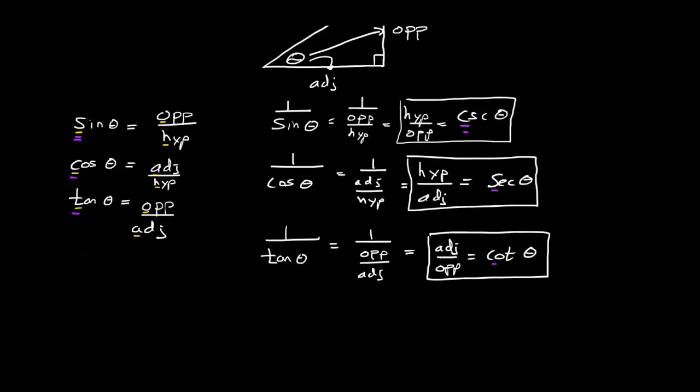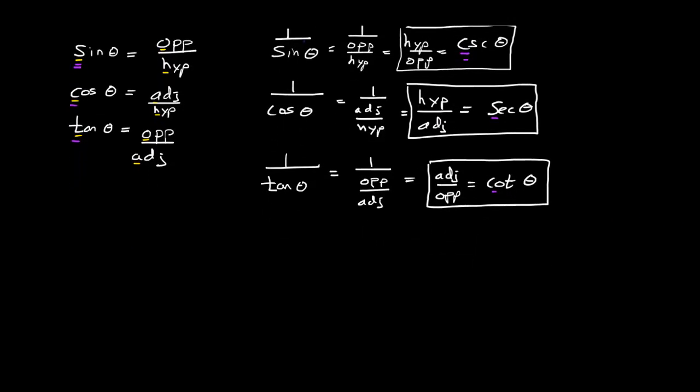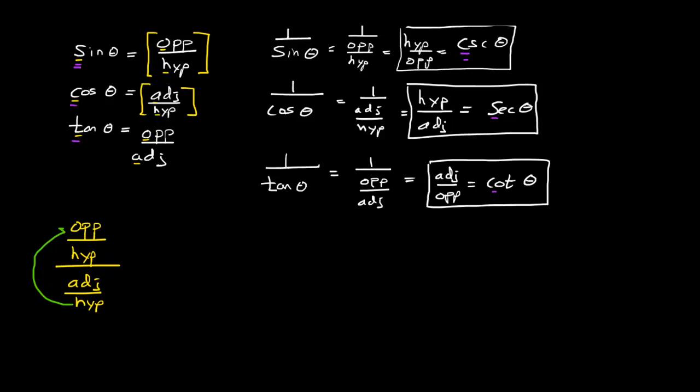So now let's talk about what happens when I take the opposite leg over the hypotenuse and divide it by the adjacent over the hypotenuse. So here, if I denote the opposite divided by the hypotenuse, and I divide that by the adjacent over the hypotenuse, here the hypotenuse will shoot up on top. This is definitely very bright.